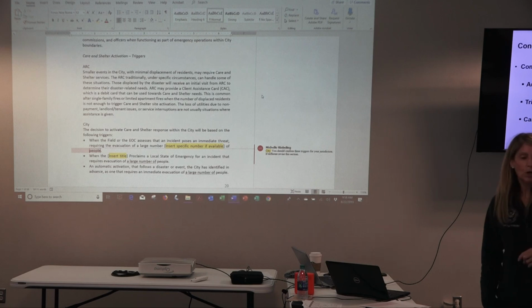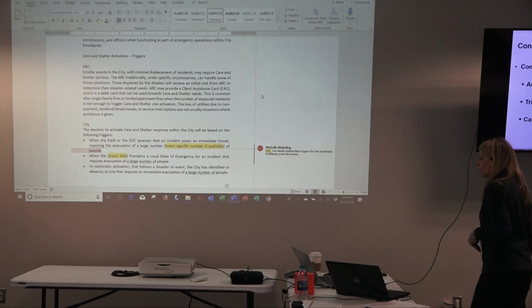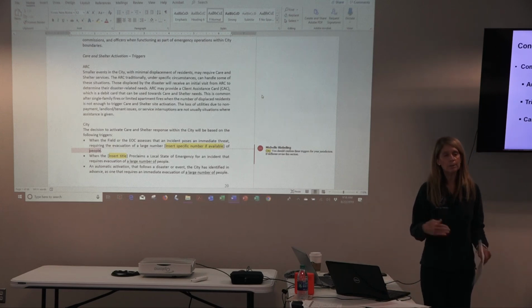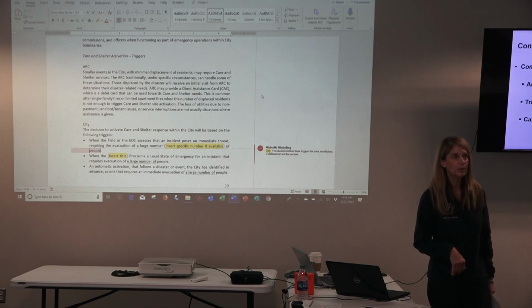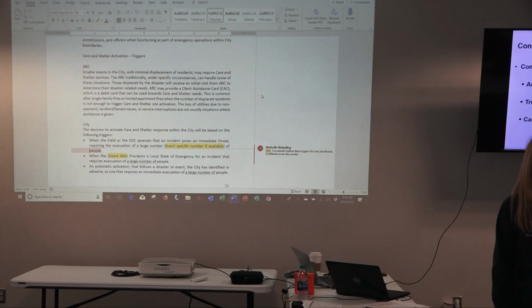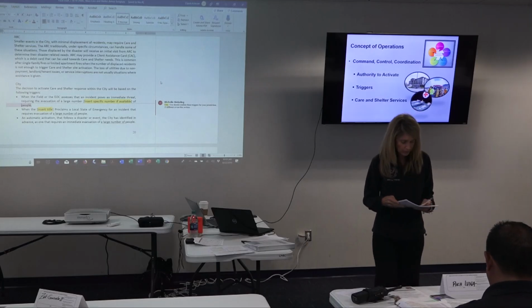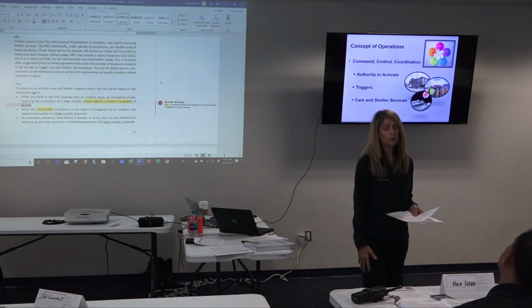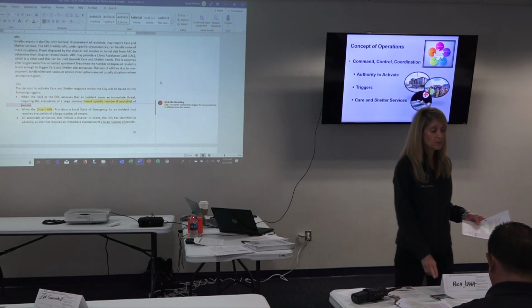Okay, great. So we could have a couple different situations. A lot of you probably don't know that you could have an incident that occurs in your city where the American Red Cross comes in and activates a shelter, and you might never know about it or be notified about it. So when we talk about the types of situations where you might have a site that's activated, you could have one that the American Red Cross activates.